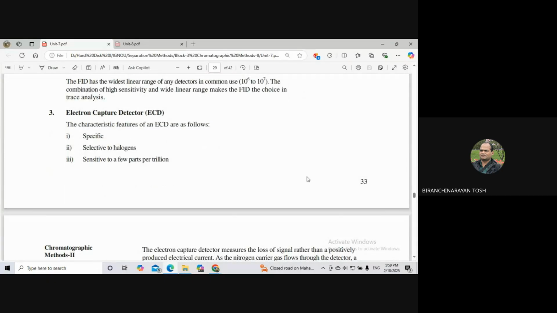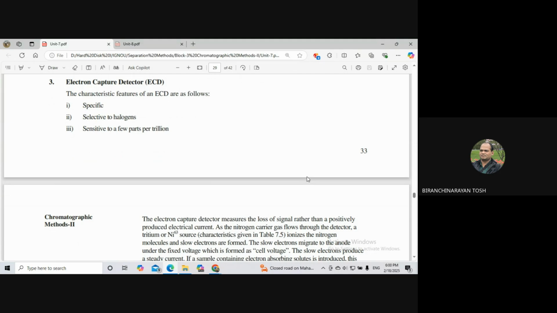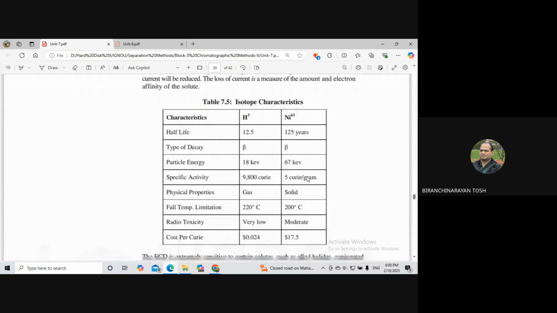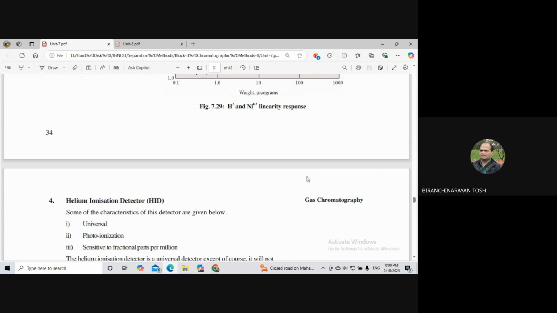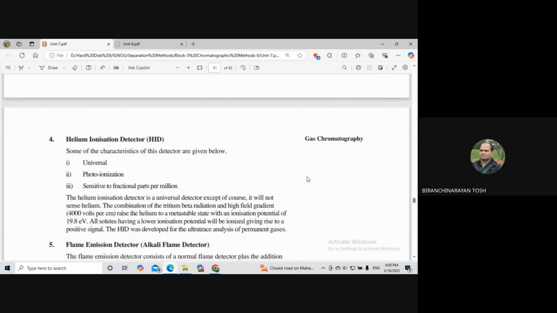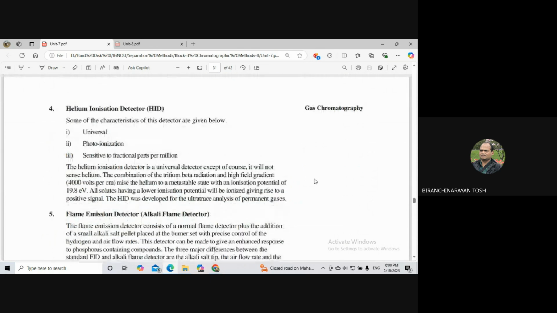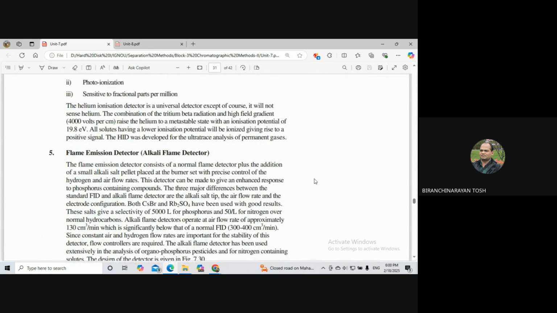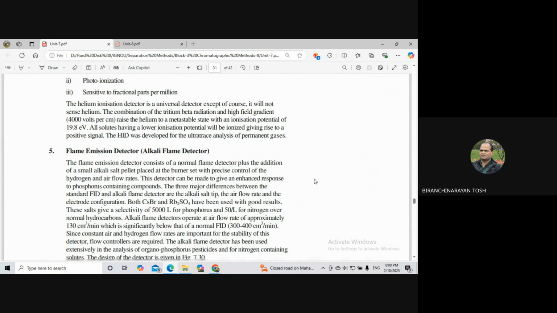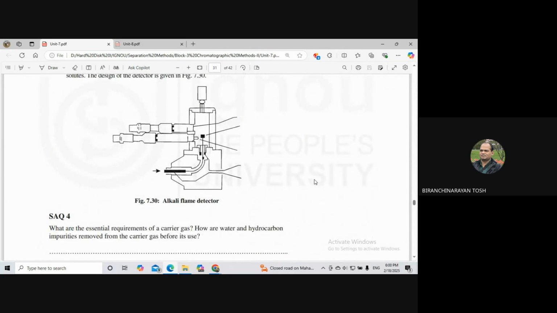Then the electron capture detector. Its characteristics: specific, selective to halogens, sensitive to a few parts per trillion. It should be highly sensitive. And the helium ionization detector, and the flame emission detector, that is the alkali flame detector. The schematic diagram.